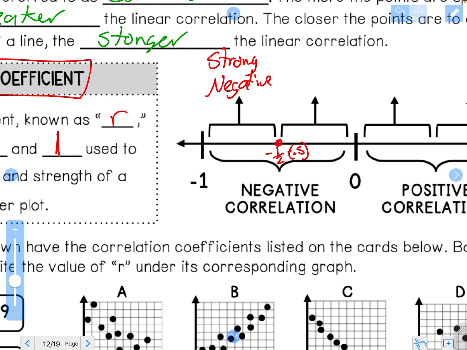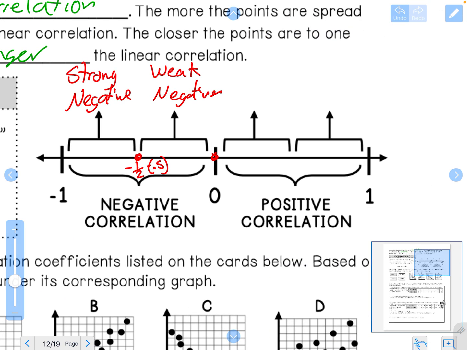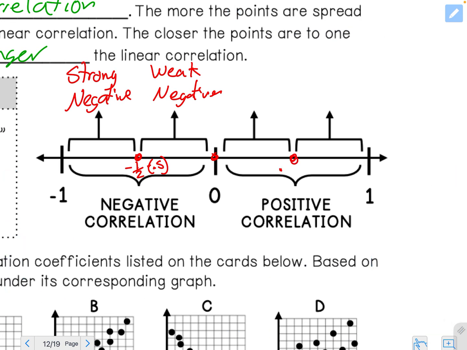If it's between -0.5 and 0, it's going to be weak negative. Again, here we're going to pretend that this is 0.5 or 1/2. And so weak is between 0 and 0.5, and it's going to be positive.